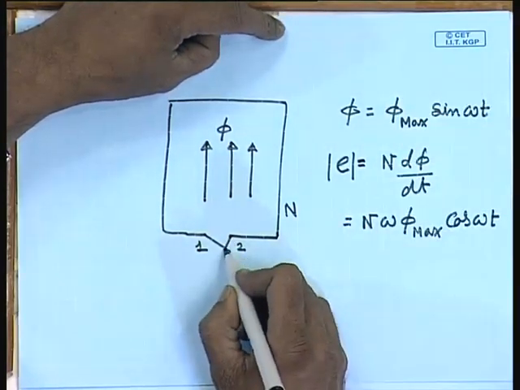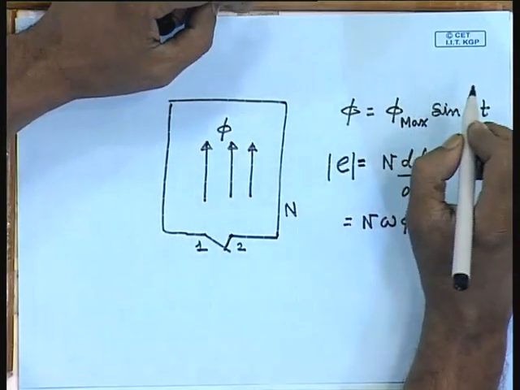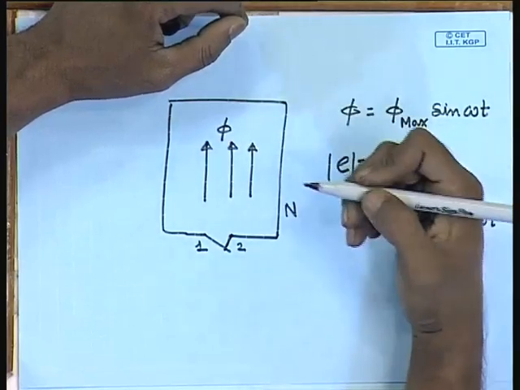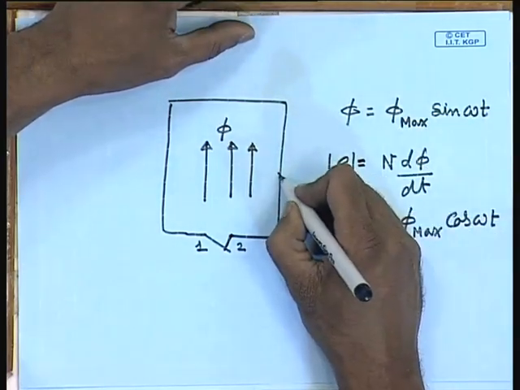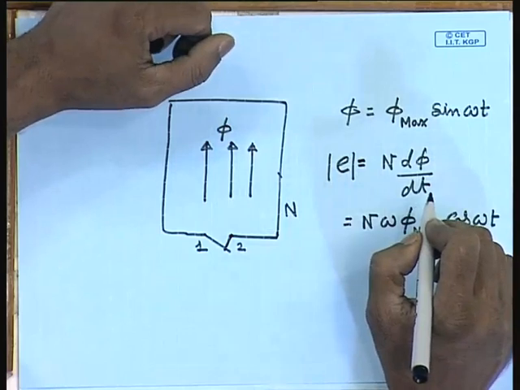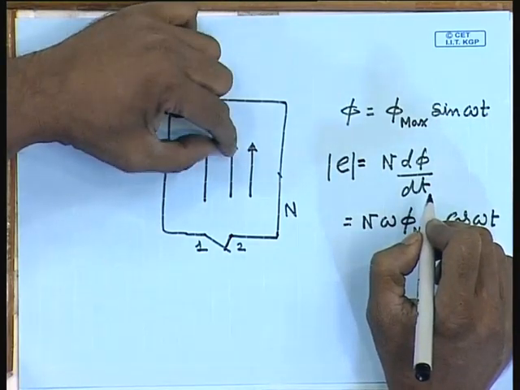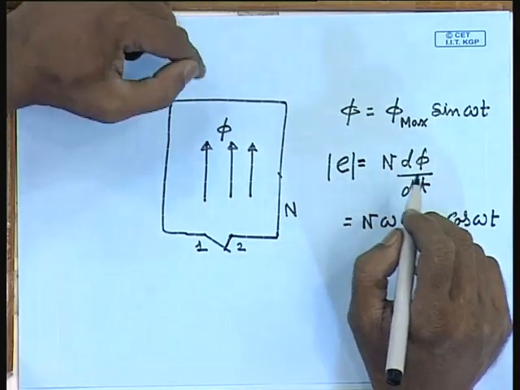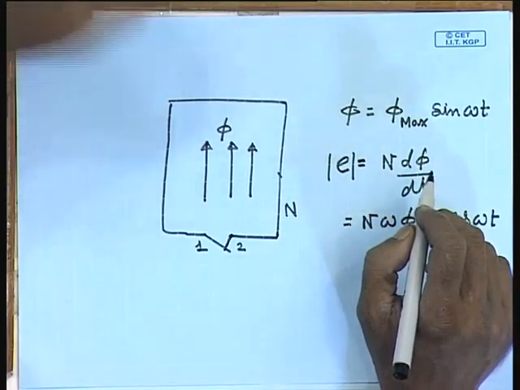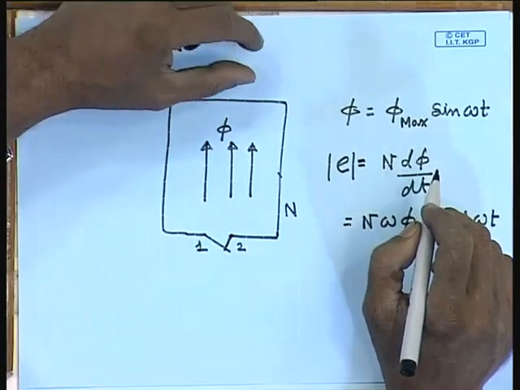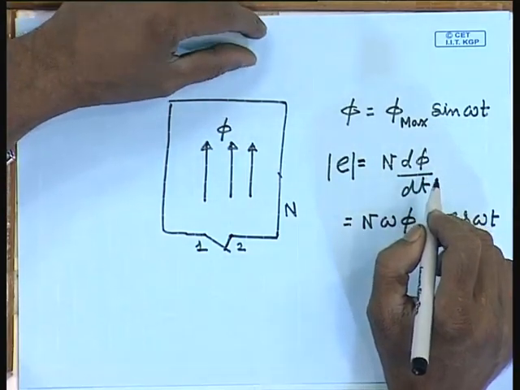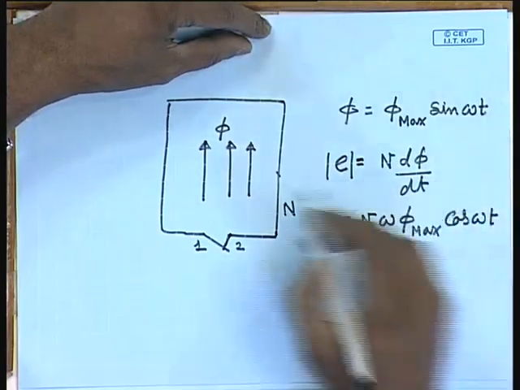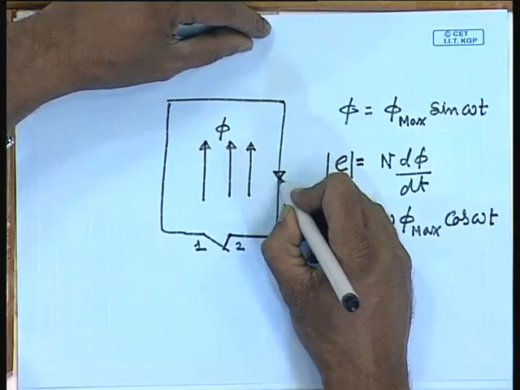If you close this switch, this induced voltage E will send a current through this loop which will tend to cancel this flux. Therefore, the circulating current will be generating a flux which will be in the opposite direction. So, what will be the direction of that current which can cancel this flux? Obviously, the current will be in this direction.